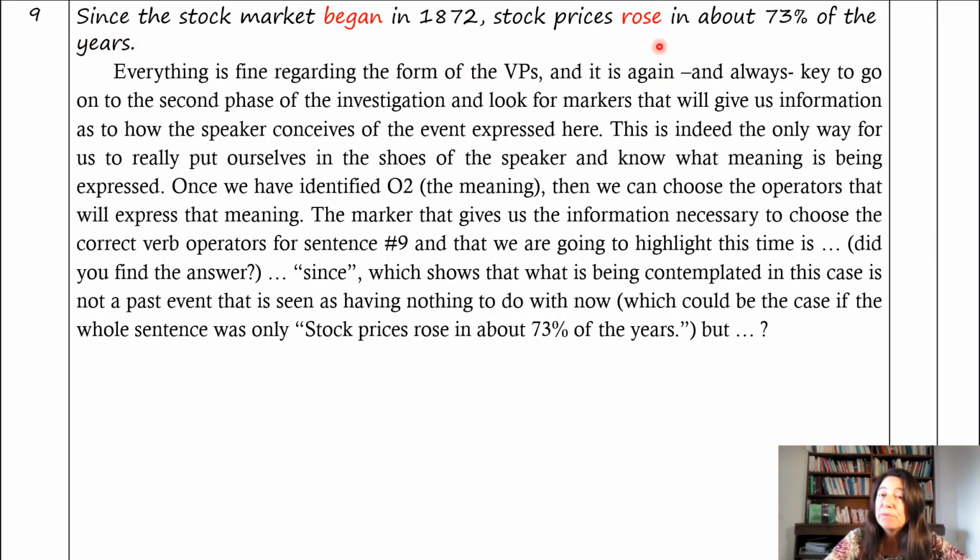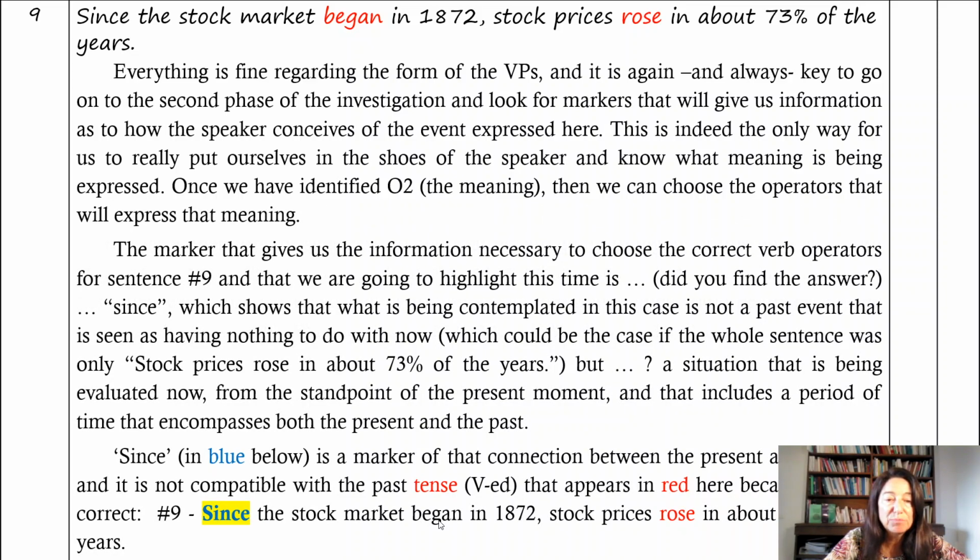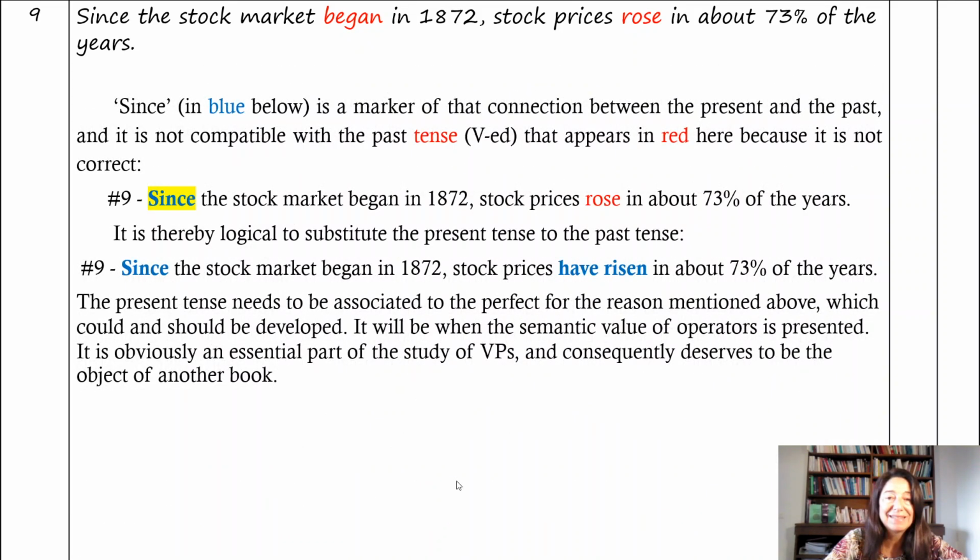is it possible to use the past tense when what we're referring to is a connection to the present moment? Obviously, no. We need to express that idea of connection or interconnection between the present and the past, and the past tense here is not acceptable. It doesn't make sense.